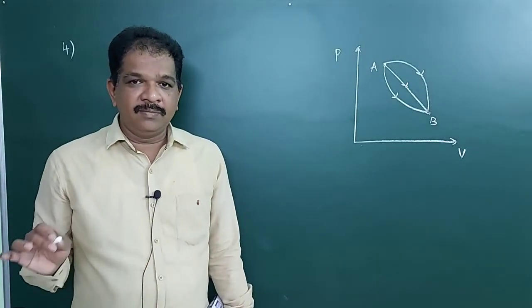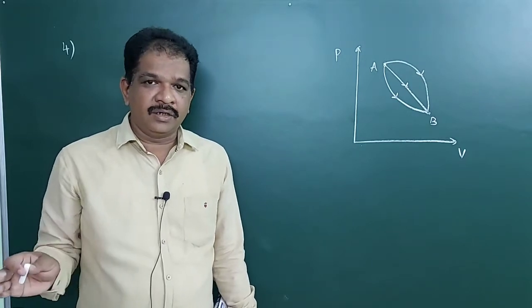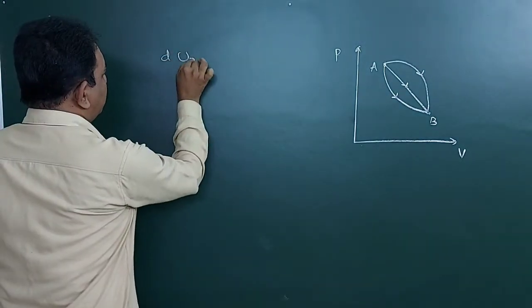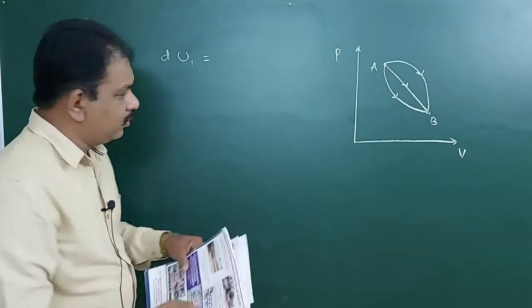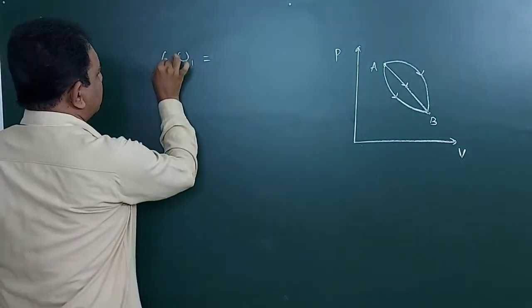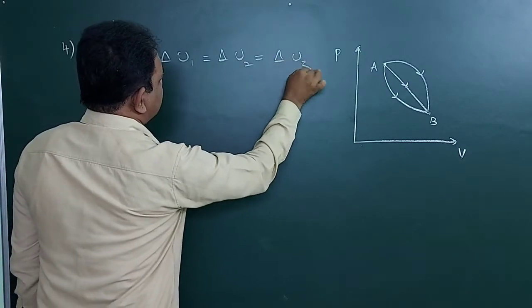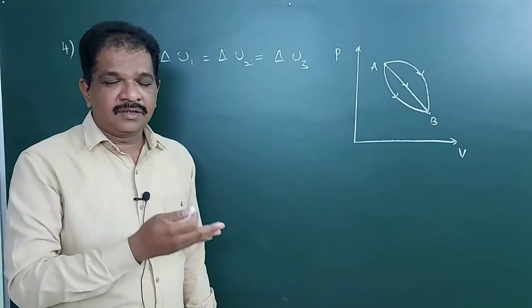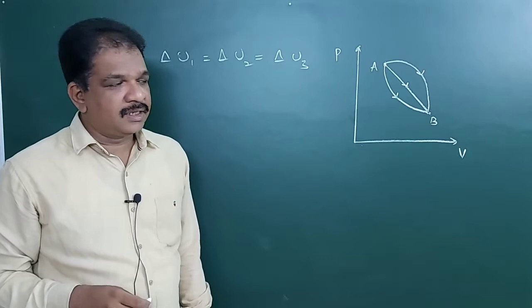Internal energy will be the same because it started from the same point and reached the same point. So delta U1 is equal to delta U2 is equal to delta U3. Why? Because the initial and final positions are the same.